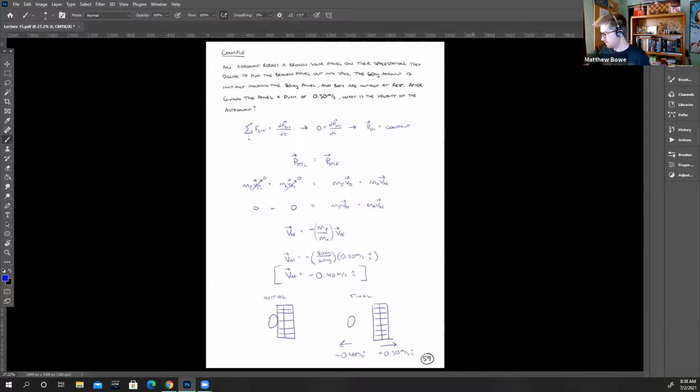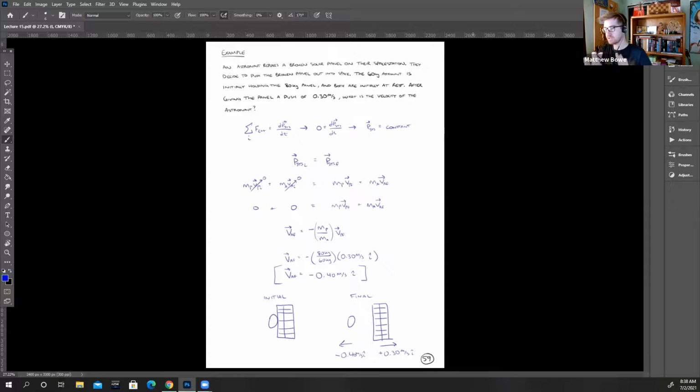Well, in a previous chapter, when talking about forces, we saw that Newton's third law says that for every force, there's an equal and opposite reaction. So we have this astronaut forcing the solar panel in one direction.